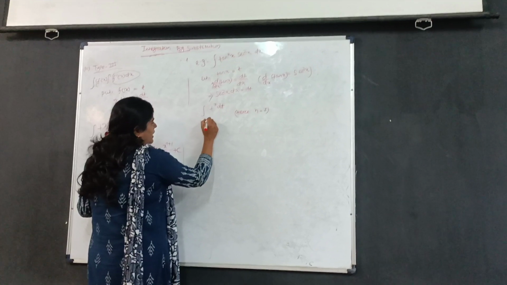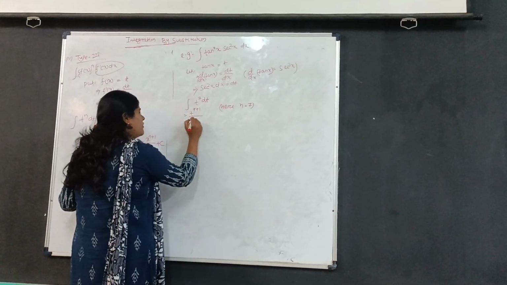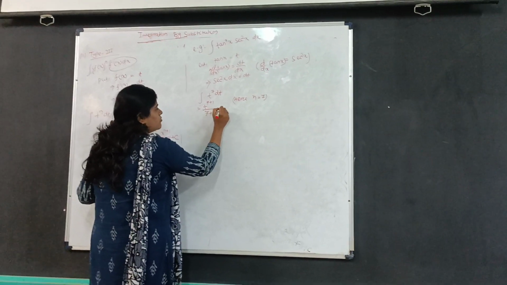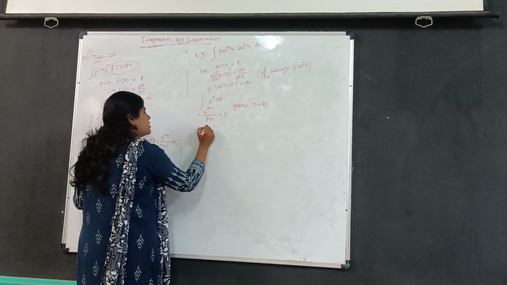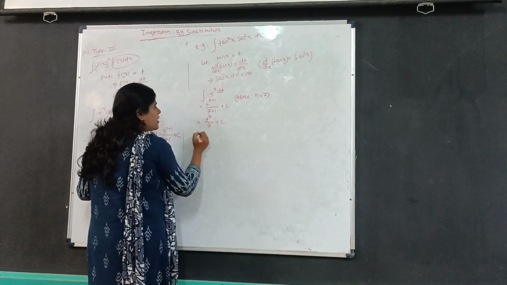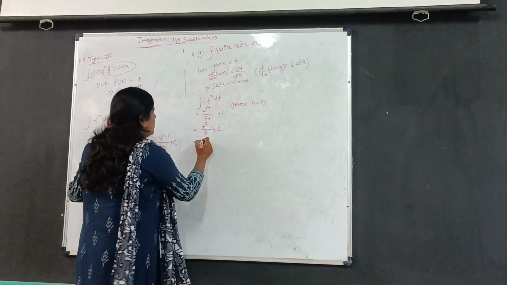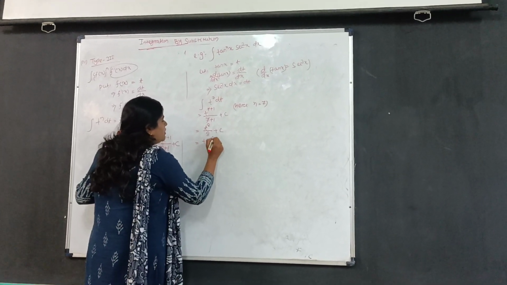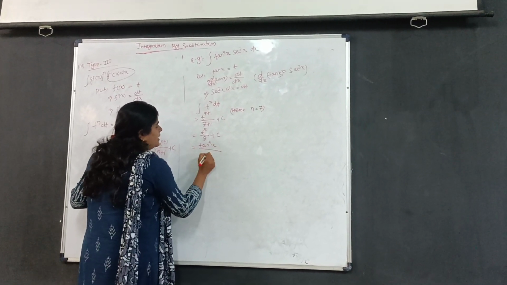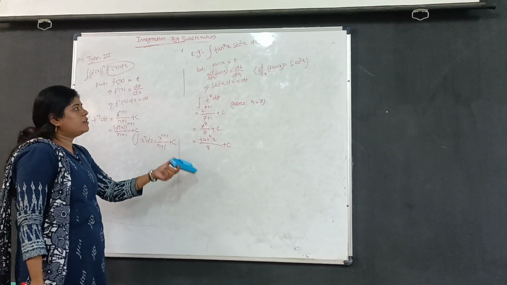So t to the power 7 plus 1 divided by 7 plus 1 plus c, which is also equal to t to the power 8 by 8 plus c. Where is the t? We put tan x. So tan x to the power 8 whole divided by 8 plus c. Here is your very good solution.